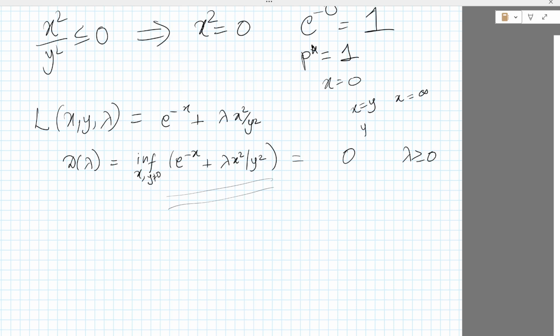Okay, so I can substitute y equal to e to the power x, then x squared by e to the power x, limit x tends to infinity, is equal to 0. So this value is always greater than or equal to 0 for lambda greater than or equal to 0. If lambda is less than 0, then this can be minus infinity.